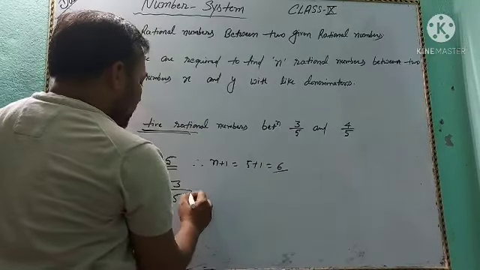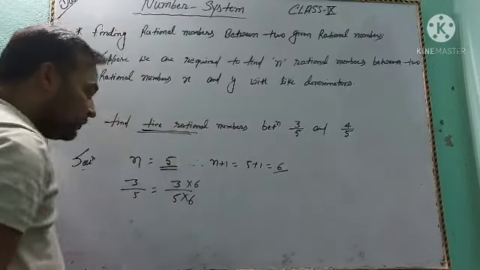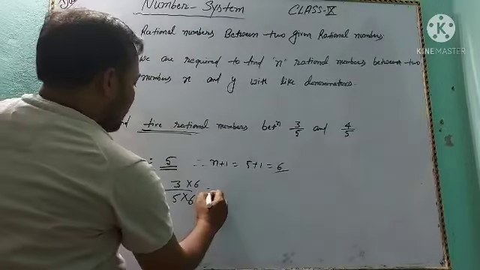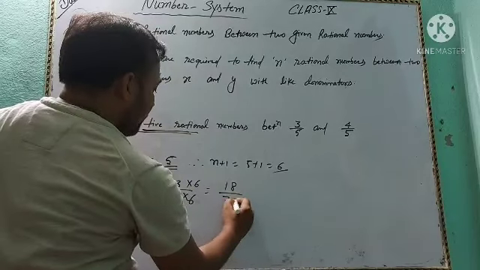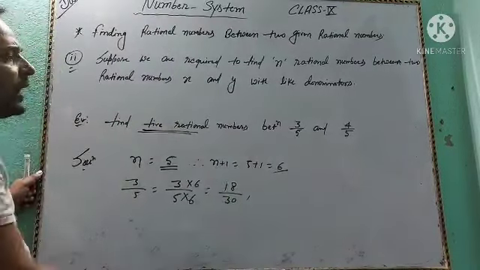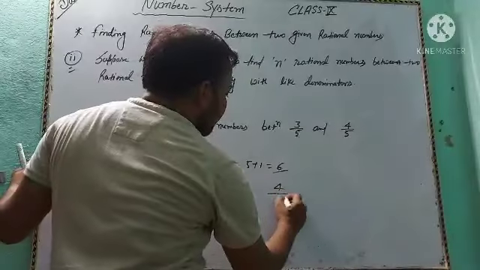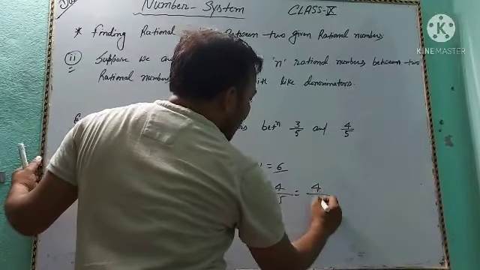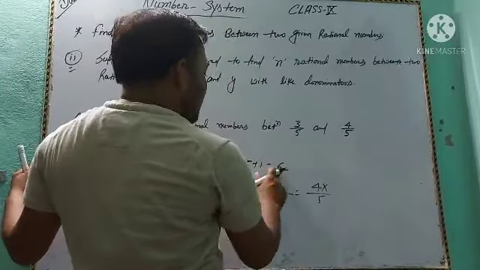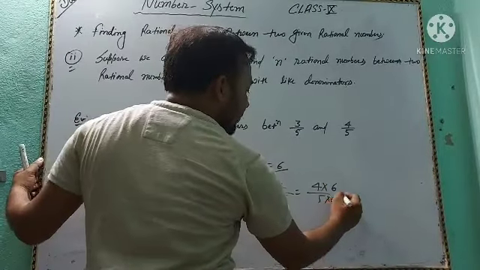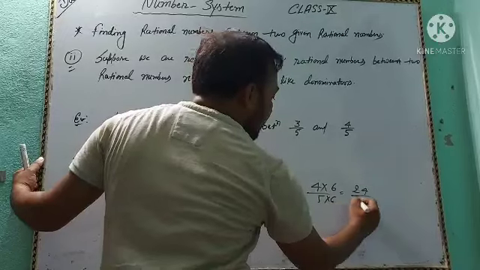Multiplying by 6 gives 18 by 30. And 4 by 5, we multiply by the suitable number n plus 1, that is 6, giving 24 by 30.